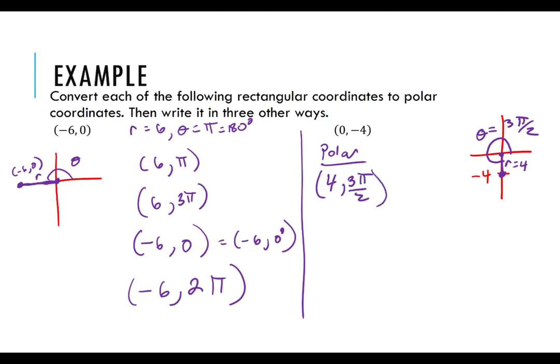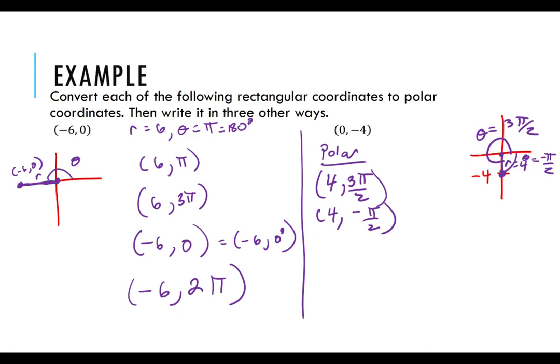Now, what's another coterminal angle we could use? We could also use negative rotation angles. So if I were to rotate this way, that rotation is a theta of negative pi halves, and so this could also be written as (4, negative pi halves). Let's say that I want to consider using negative radii.